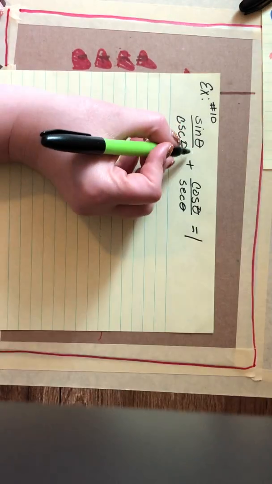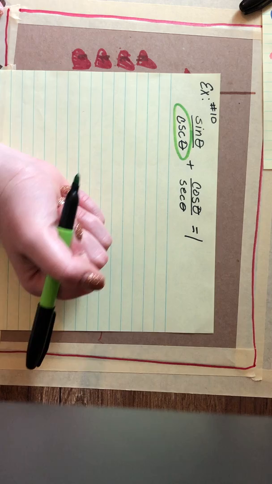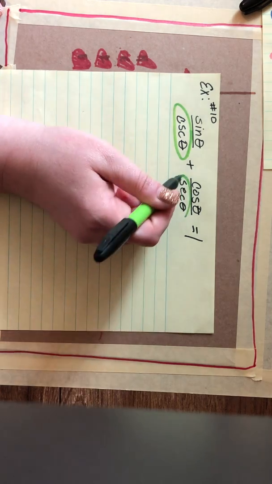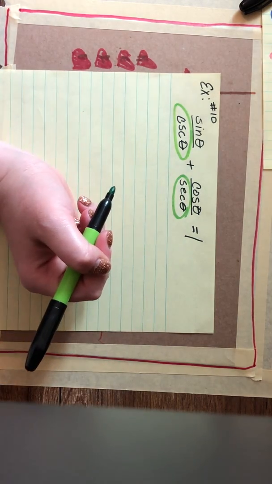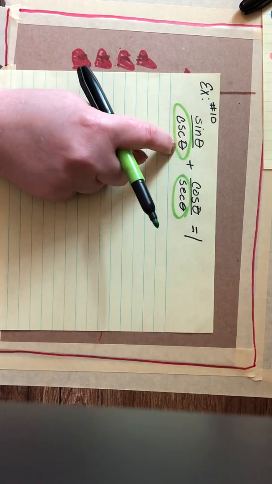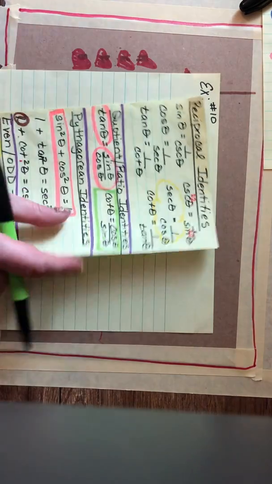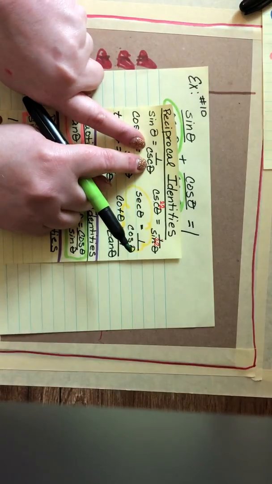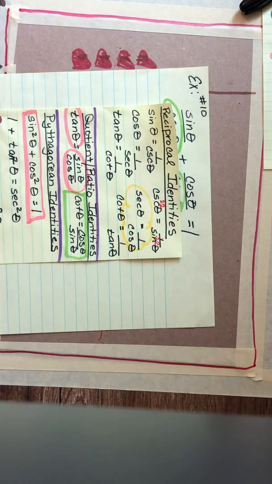So I see a cosecant on the bottom, and I see a secant on the bottom. Let's see if I have an identity where cosecant is on the bottom. Oh, here's a cosecant on the bottom. What I can do with that cosecant is I can just pull it up and multiply with that sine.